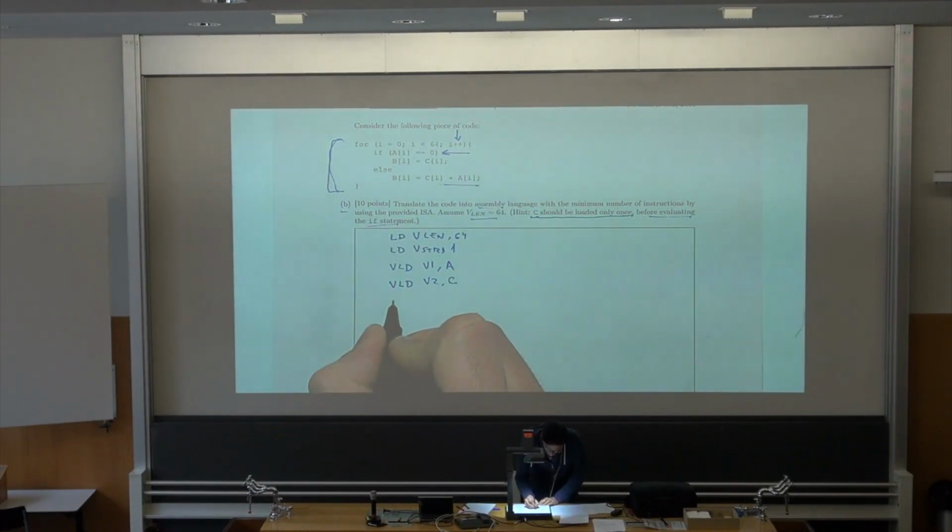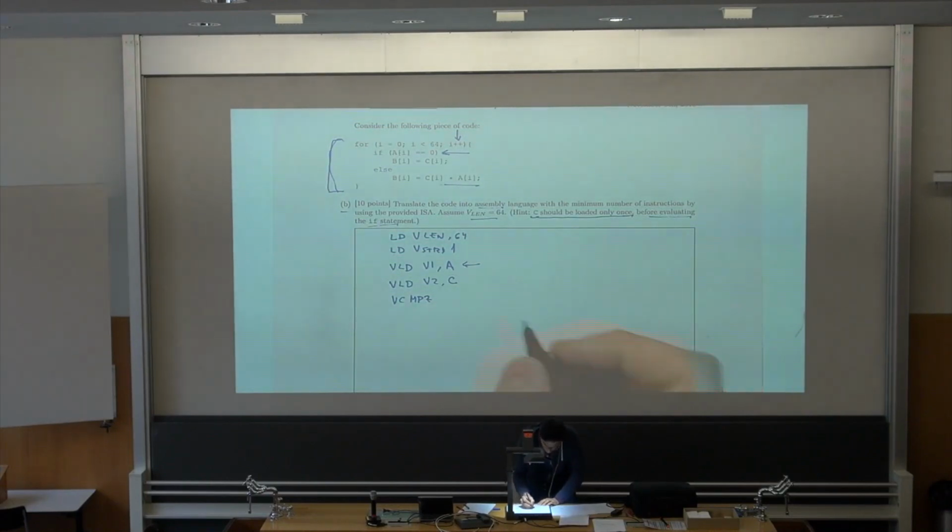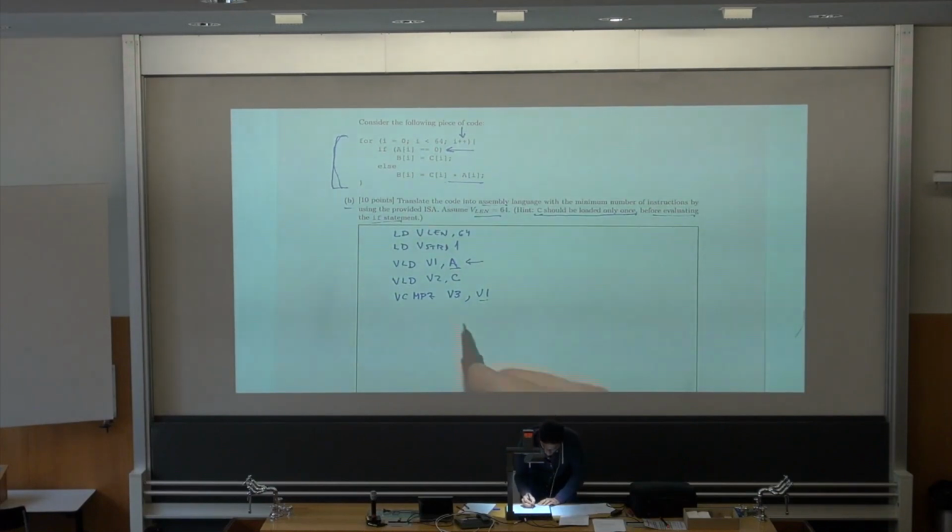And right now, what we are going to do is evaluating what's the value of A so that we create the mask accordingly. For that, we need to use this compare to 0 vector instruction, and we will store in V3 zeros or ones depending on this comparison. Remember that in V1 we have the corresponding value of A that has been loaded with the previous instruction.